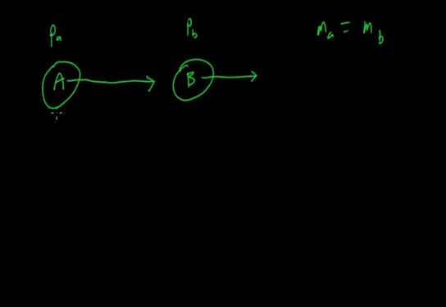What happens since this has more momentum? Since they have the same mass, this one must be going faster. So what's going to happen is, after some period of time, this one's going to catch up, and they're going to hit each other. And you have A and B, and there's going to be a moment of impact. That's the impact.